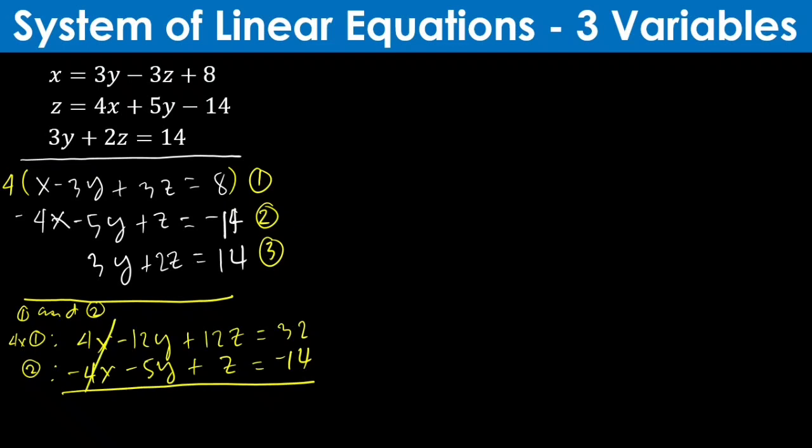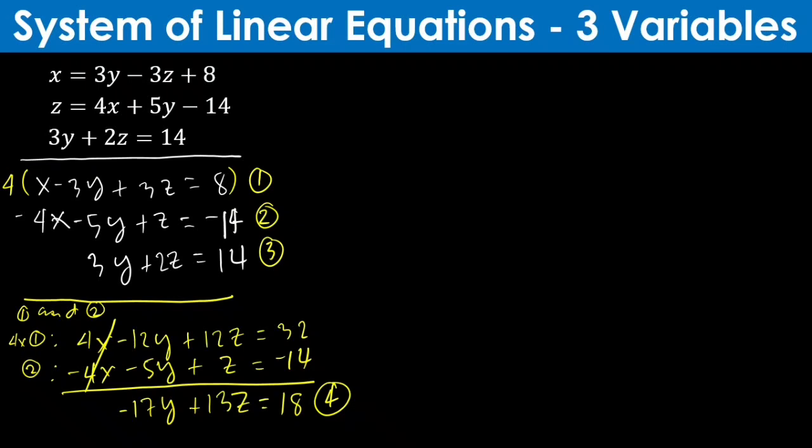Okay, x is eliminated, so we have negative 17y, and this is equal to 13z. And then our constant is now 18. Okay, that's 18. Now let's take this as our equation number 4.